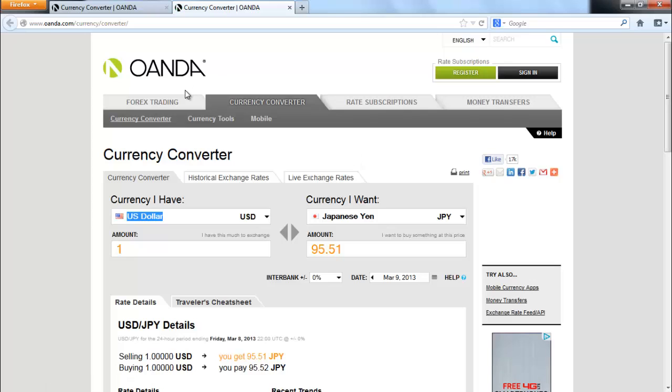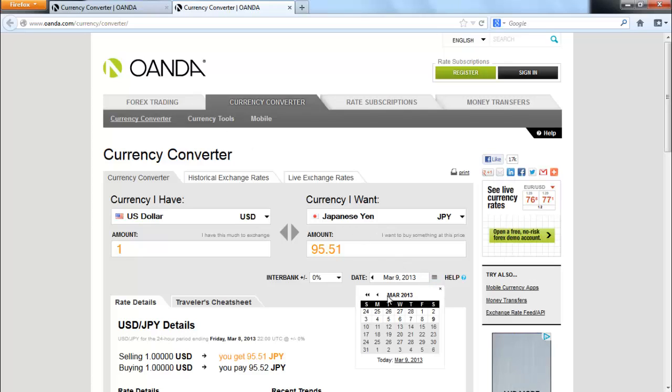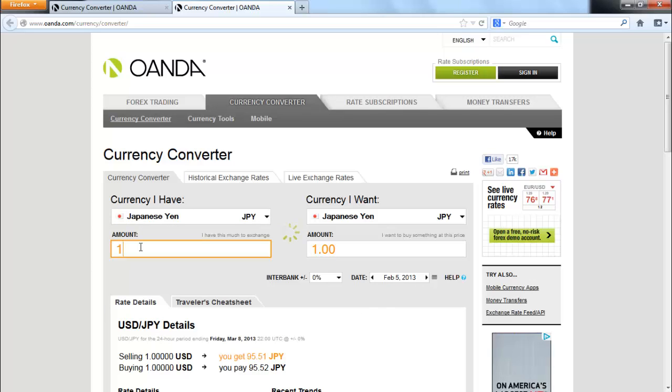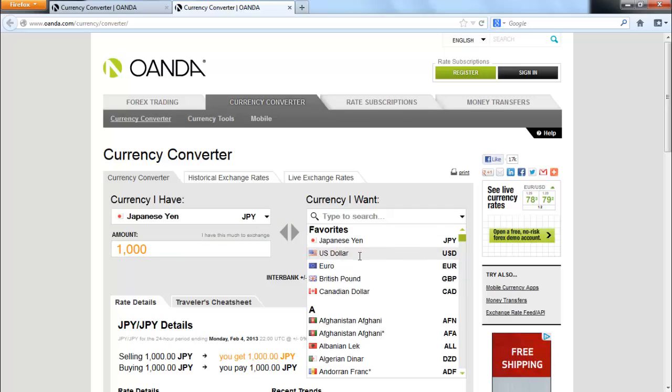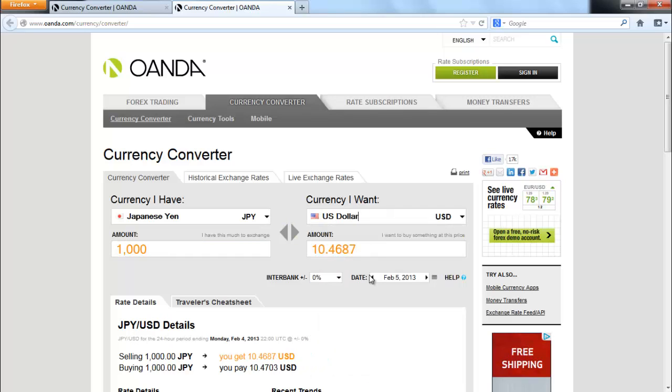Now, using the Oanda currency converter, let's say that on February 5th, the Japanese office sent 1,000 yen to the U.S. office. The U.S. office would receive $10.46.